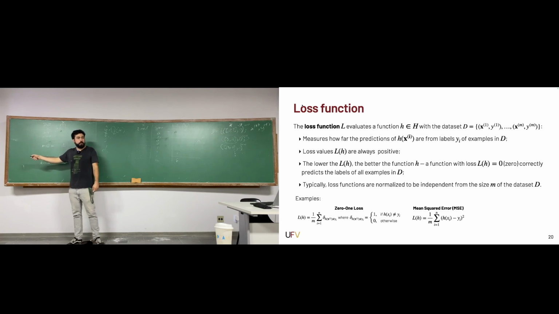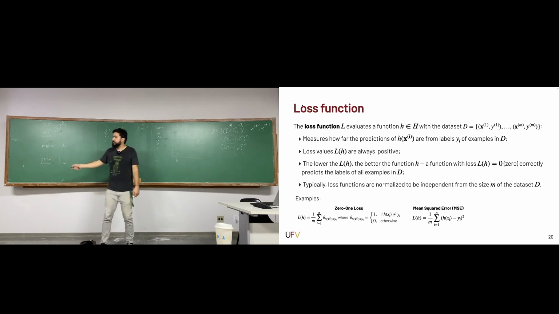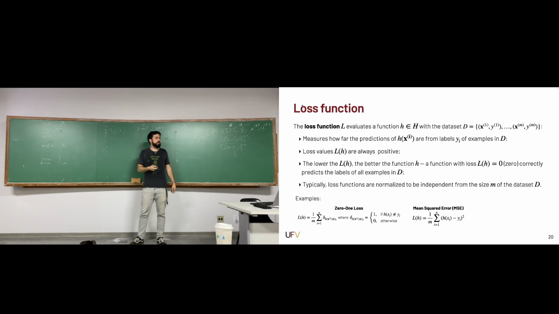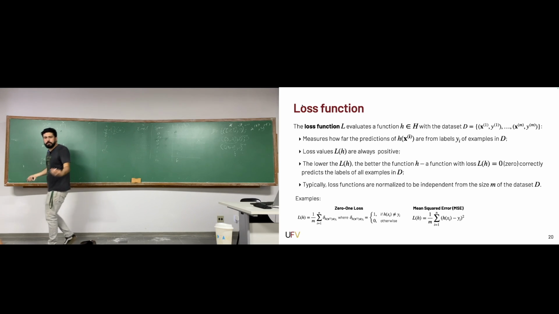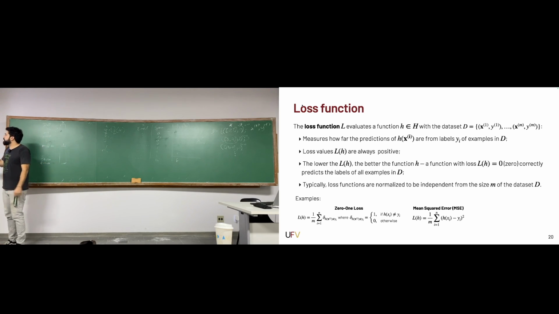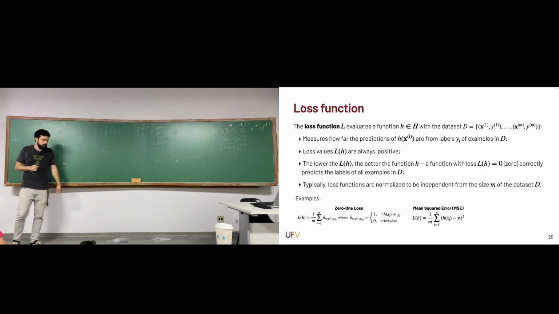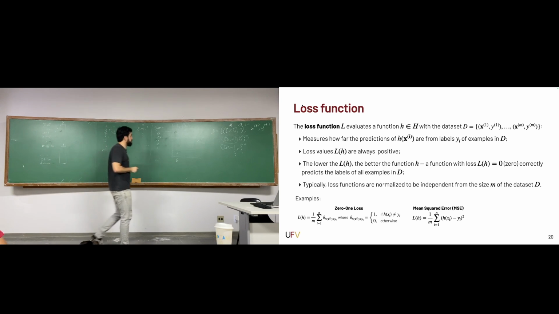We are squaring it, right? Then summing all of them and taking the average. The summation and the division there is the mean part, taking the average. So we are summing the squared error and dividing by the number of examples we have.